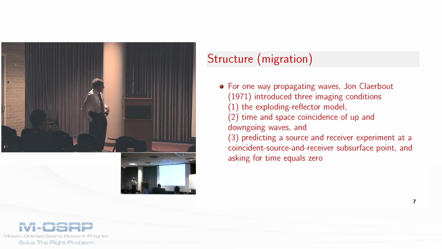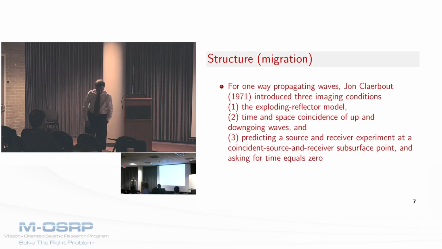And where that source field forward and the data back are time and space coincident is the location of a reflector. That we call Claerbout 2 imaging. That is the basis of RTM. RTM evolved from that in the original time of 1971. This was considered: take the data back in space. One-way wave back.